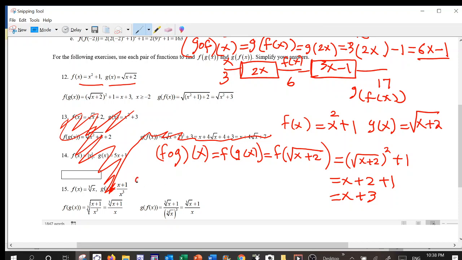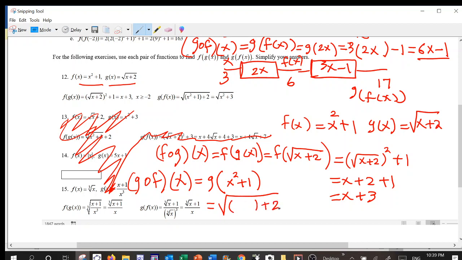And g compose f is g of, what is f? Well, f is x squared plus 1. So that means we have g, which is the square root of the input plus 2.